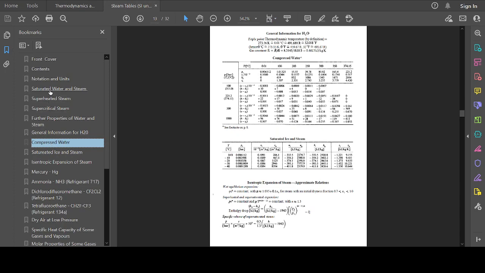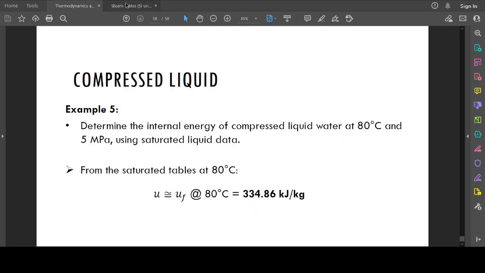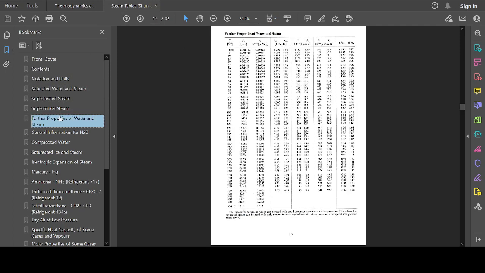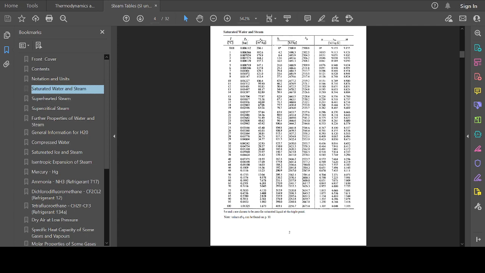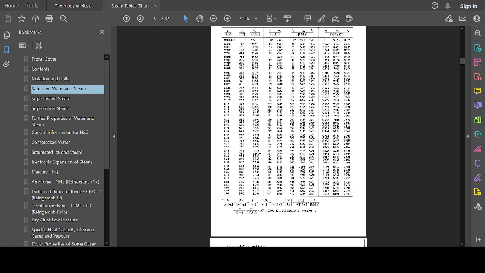So we can take the reading from here as well. So if you go to temperature at 80 degrees C, then you read the corresponding internal energy Uf. So we go to further properties of water. So we are looking for where is internal energy. If we scroll down, here we go, internal energy at 80 degrees Celsius.